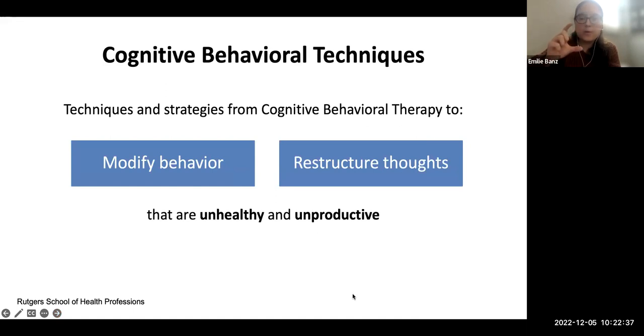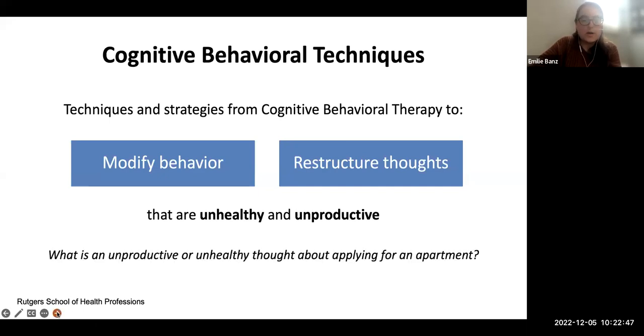Cognitive behavioral therapy specifically looks at this behavior modification and restructuring of thoughts that are unhealthy and unproductive. So really working to help the person challenge themselves on modifying behaviors that might be unhealthy or unproductive, or challenging different thoughts that they might have that are unhealthy and unproductive.